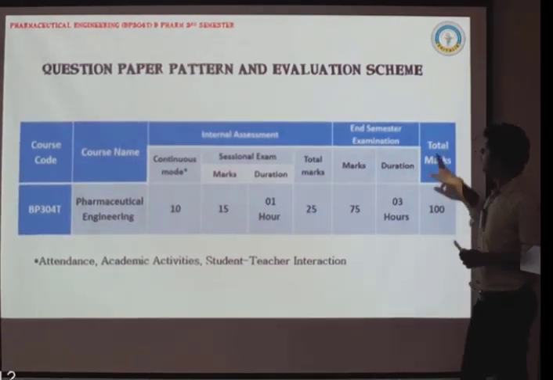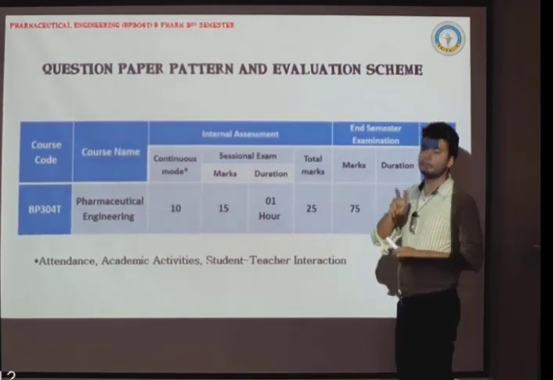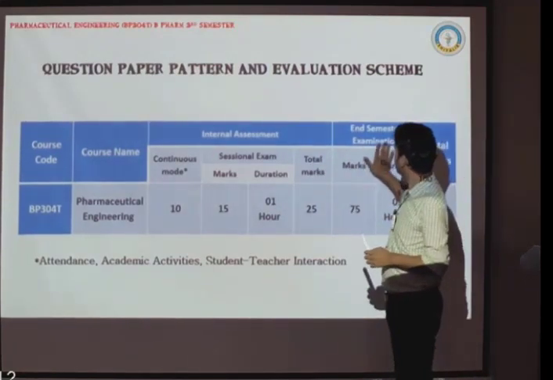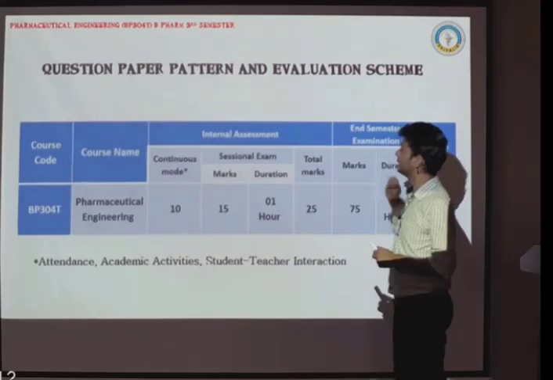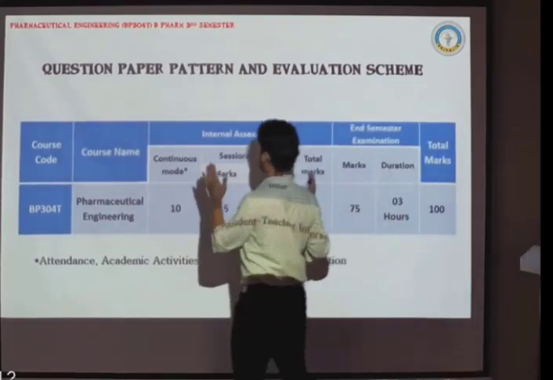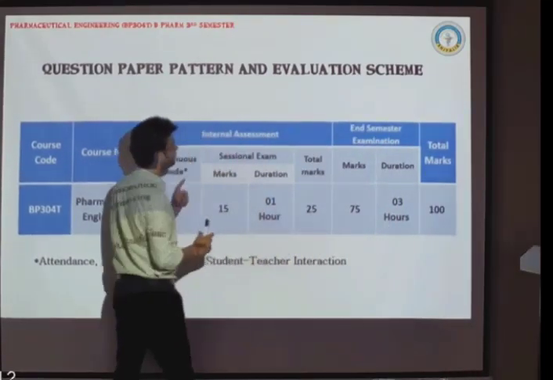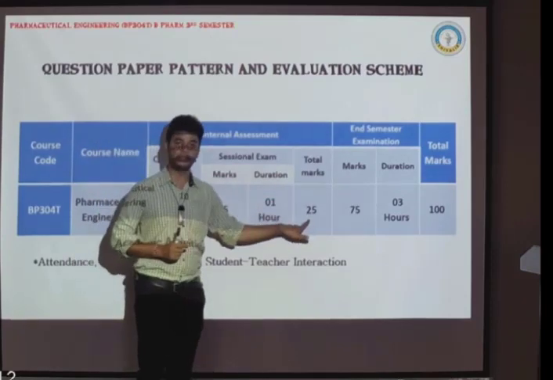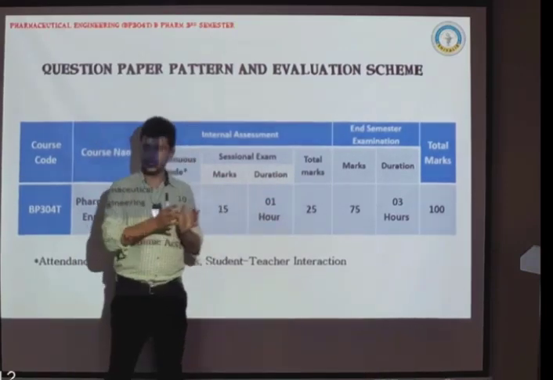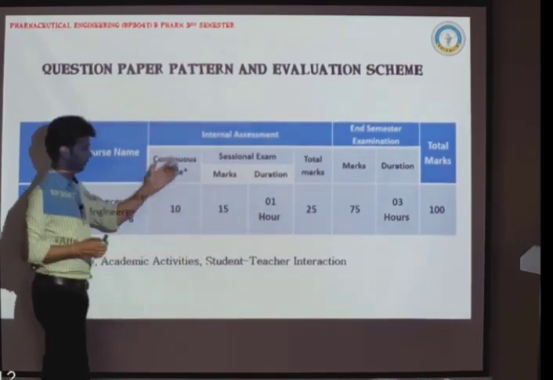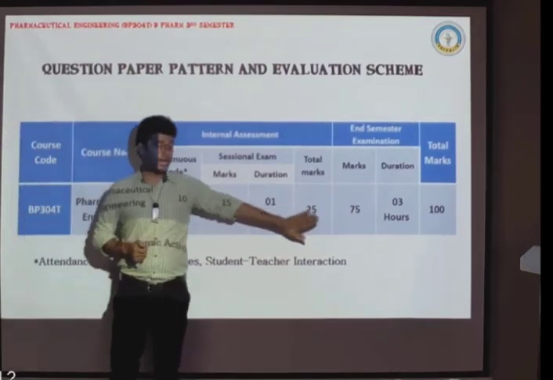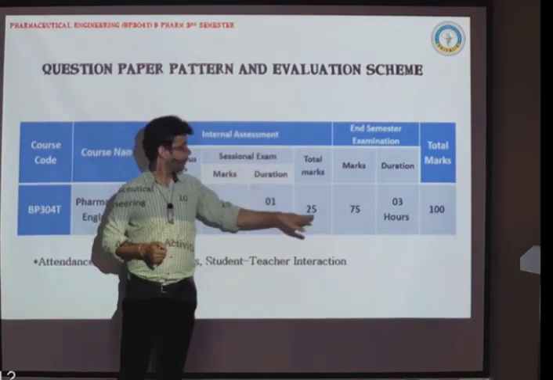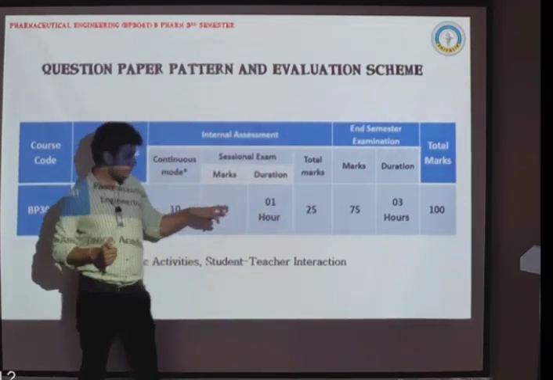Now, we have 2 kinds of assessment: internal assessment and end semester assessment, or end semester examination. First of all, the internal assessment is of total 25 marks. I think you already know all these things, but this is just an overview.